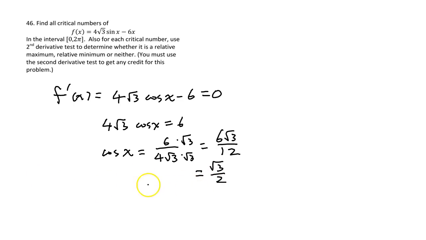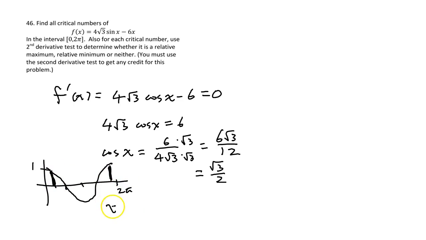So that is the value. Actually, oh no, it's not the critical number yet. I almost got fooled, sorry. Cosine x has to be radical 3 over 2. That's when you have the critical number. So let's draw the graph of the cosine. It's like this, and it's a high value, so 1 is here, another is here.